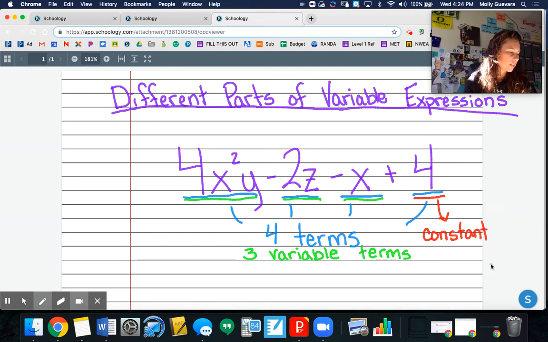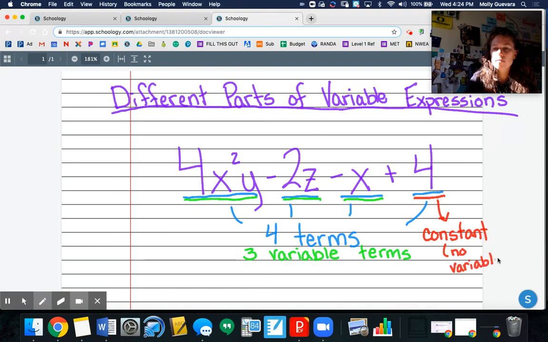All that means is that there is no variable. So that's what we call something with no variable. So in this case, this expression has 4 terms total. It has 3 variable terms and 1 constant.